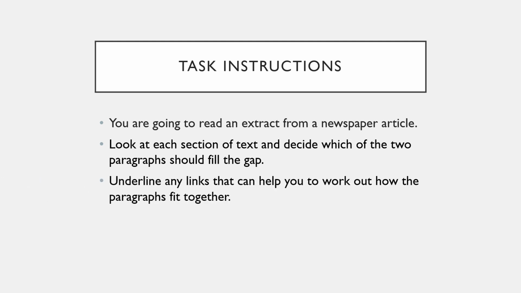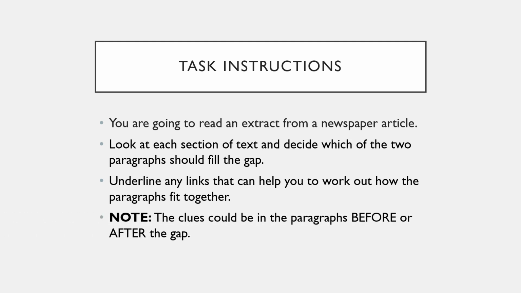It can be really helpful to underline or highlight any links that can help you to work out how the paragraphs fit together. And finally, remember that you might find clues in the paragraphs before or after the gap. Don't only rely on the paragraph before.